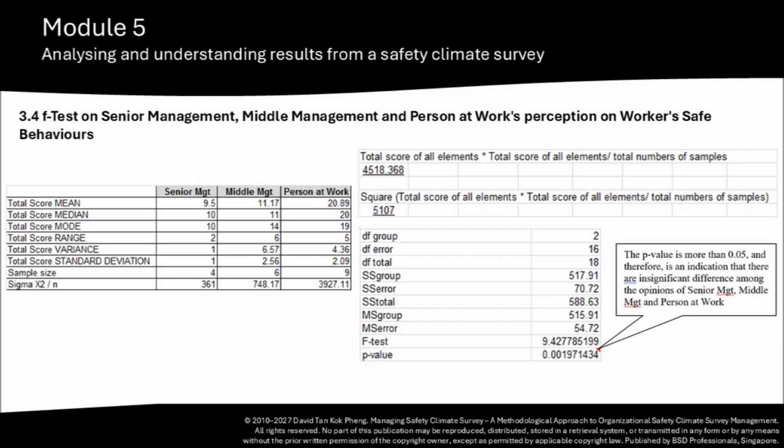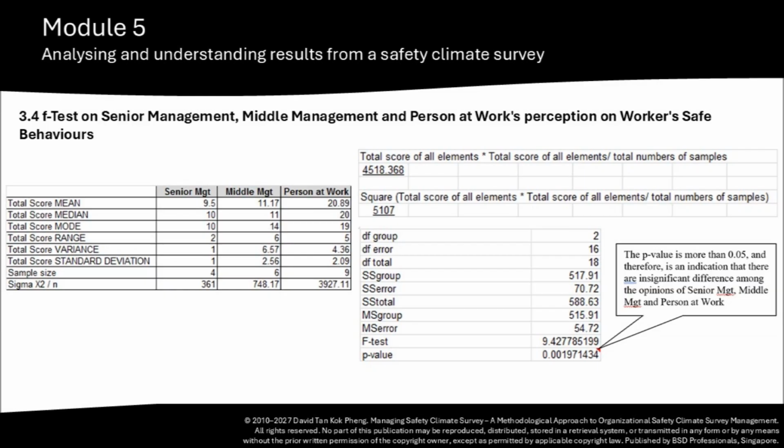Therefore, the null hypothesis that there are no differences in opinions among the respondent groups is rejected. The findings indicate that there are significant differences in opinions among senior management, middle management, and persons at work regarding workers' safe behaviors. This suggests that the three groups perceive workers' safety-related behaviors differently within the organization.